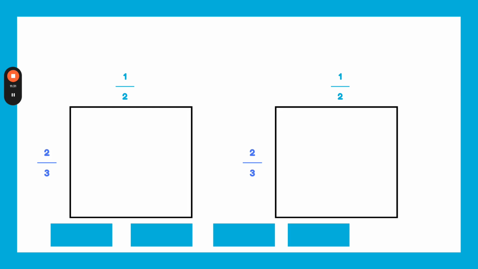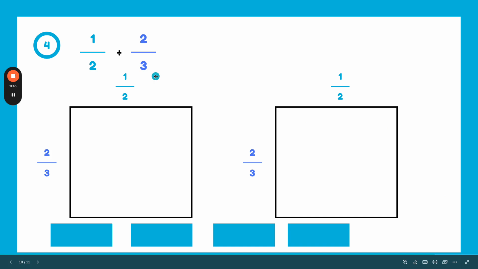So if we look at a second problem, we have a half divided by 2 over 3. So again, we're asking ourselves how many groups of 2/3 can we fit in or find from a half.